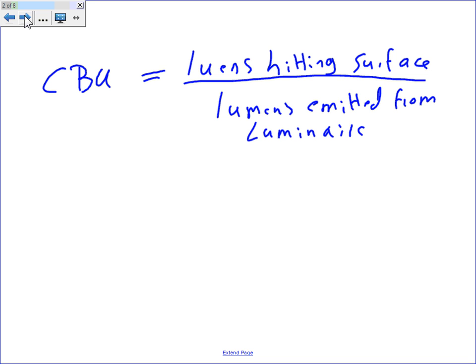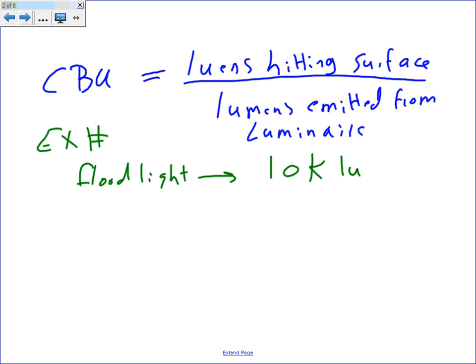Let's take a quick example. If I have a floodlight fixture, and my floodlight is giving me 10,000 lumens. Okay? Makes sense? 10,000 lumens, just for ease of calculation.